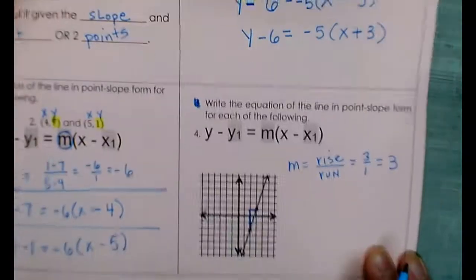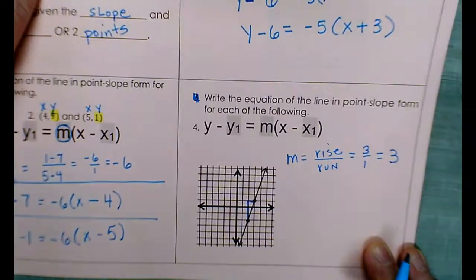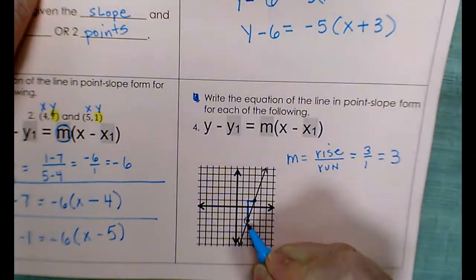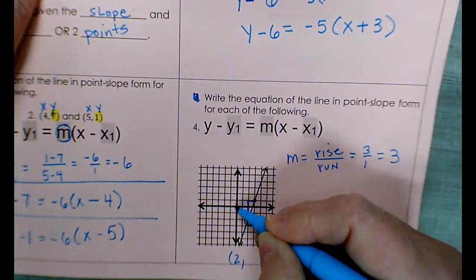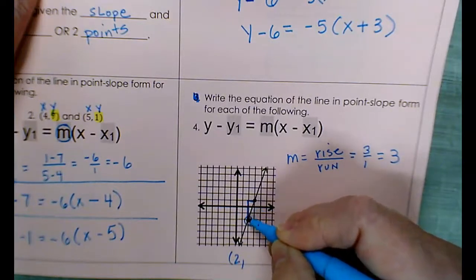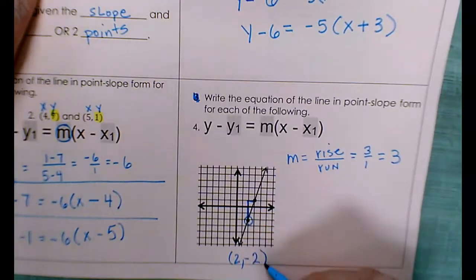I can use either point, and so I'm going to choose to use this point. So this point right here would be 2, 1, 2, negative 2.